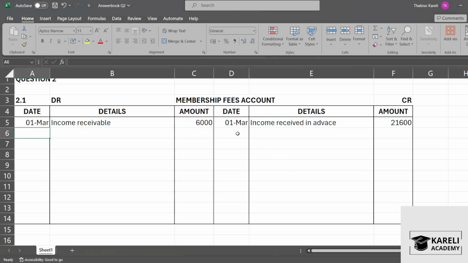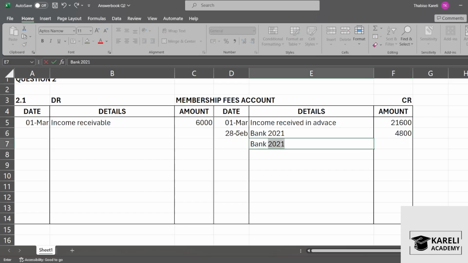What do we have? The 28th of February on the credit side. We have bank. You must indicate it's bank 2021. How much is it? It's 4,800. And then bank 2022. How much is it?